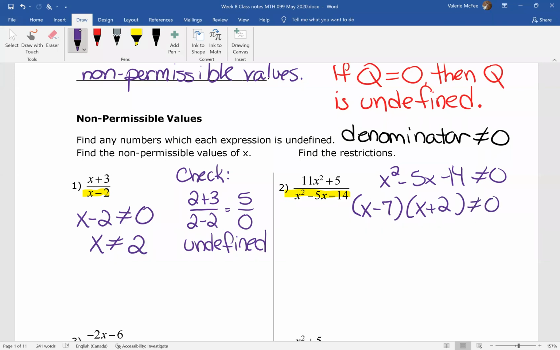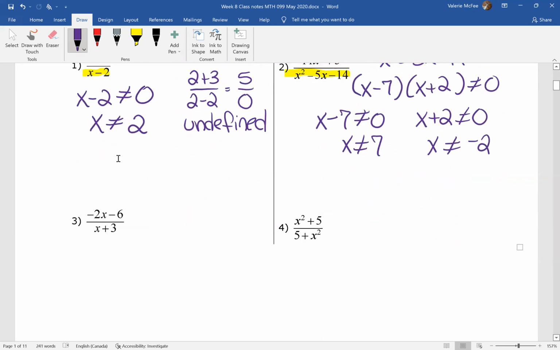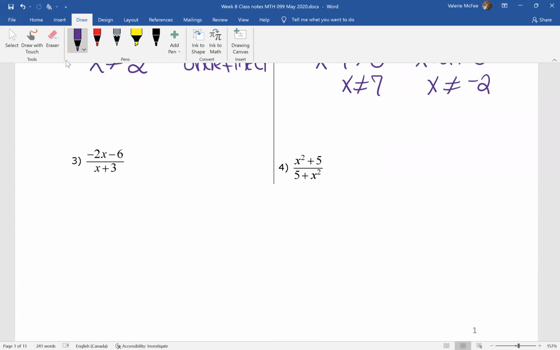So again, using that zero factor theorem, we can say that x minus 7 cannot equal 0. We're looking for the restrictions. We're looking for the non-permissible values. And we see that x cannot equal 7 and x cannot equal -2. Pause your video and find the non-permissible values for the next two.